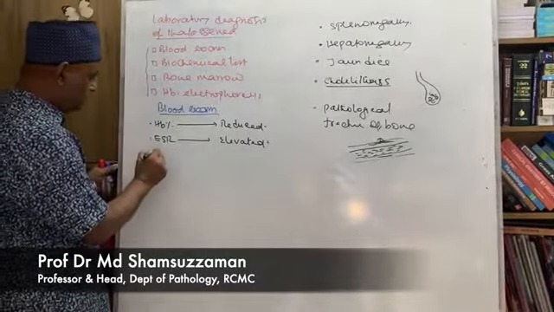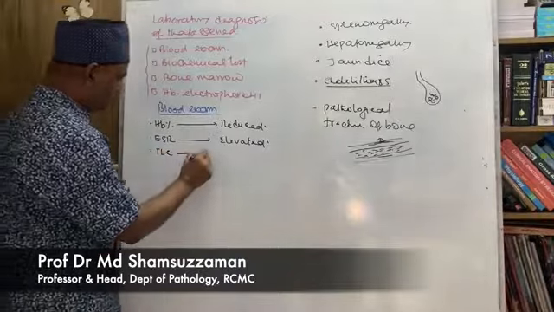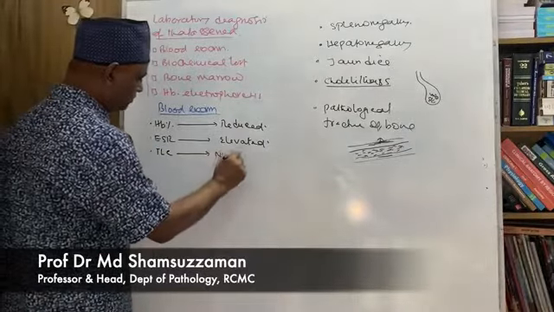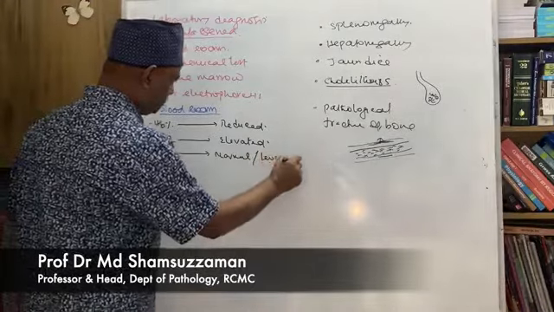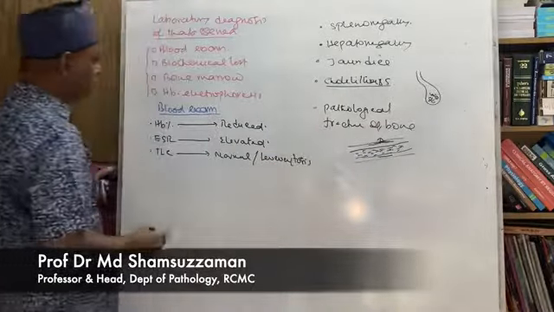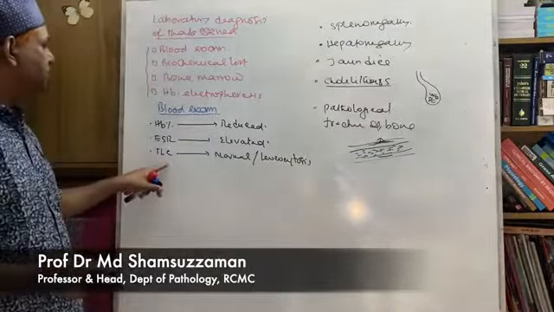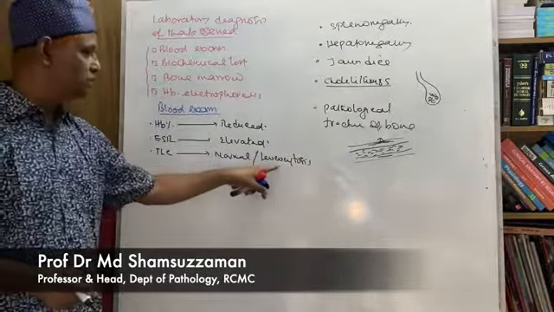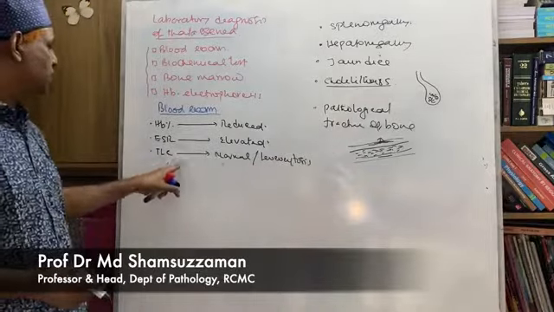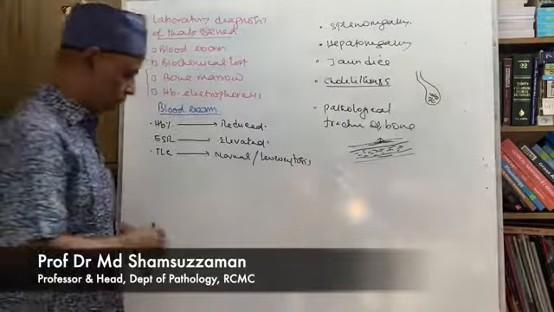ESR. Then total leukocyte count may be normal or sometimes leukocytosis. If there is concomitant infection in a thalassemic patient, there will be leukocytosis. If there is no concomitant infection, the TLC will be normal.